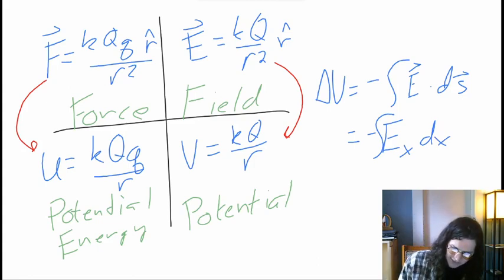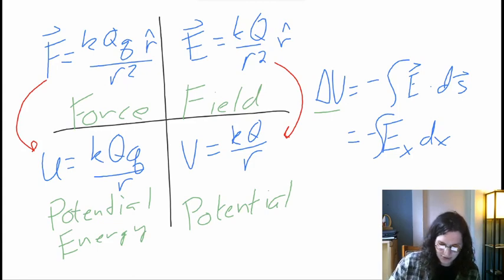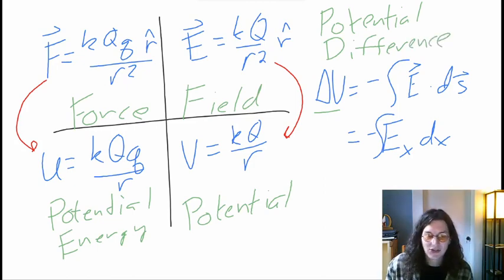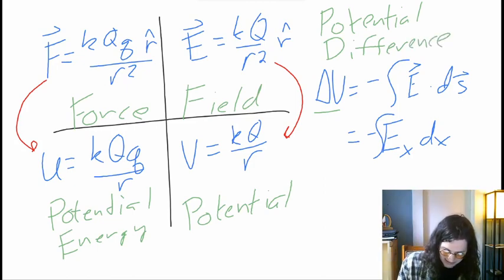Okay. Now, what I do want to mention is that this delta V right here, which is the potential difference between two different points, is called just that, the potential difference. And I want to take a second here to really emphasize that we now have three different things that you could be asked to calculate at any given time.